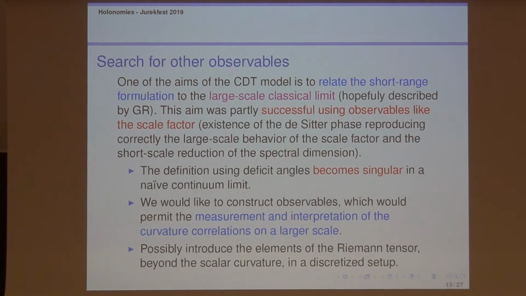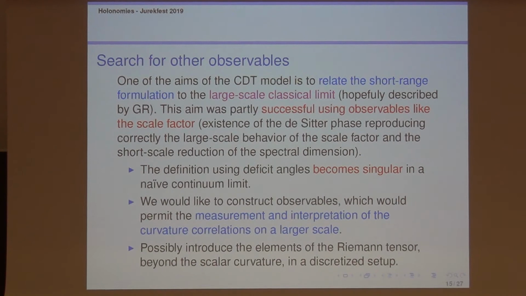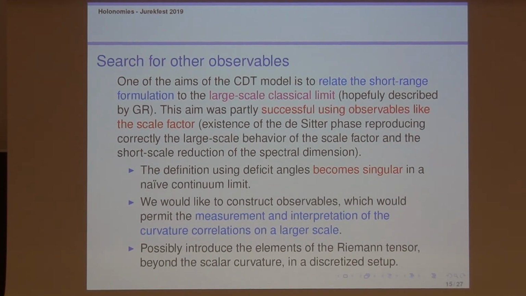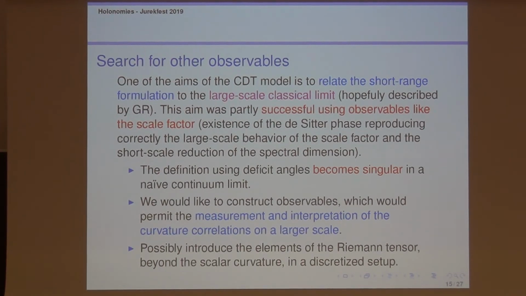The model managed to predict that from the statistical point of view, depending on bare parameters of the model, there are many phases, surprisingly many phases, although the model is relatively simple. It has one phase which is particularly interesting, which reproduces the geometry of the de Sitter universe, Euclidean de Sitter universe.